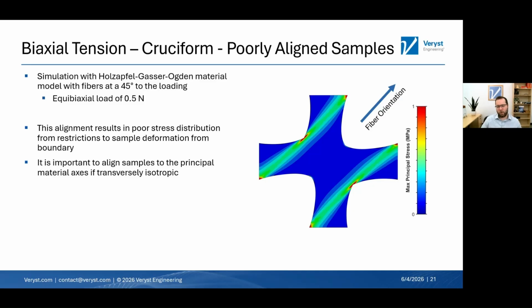And if you've got something like orthotropy, you have to be careful designing it. Again, it would very much depend on a case-by-case basis. But as a general rule, if you've got a fiber-reinforced material and you've got two symmetric families of fibers, making sure that the axis of symmetry is aligned with one of the principal directions of your test is very important.